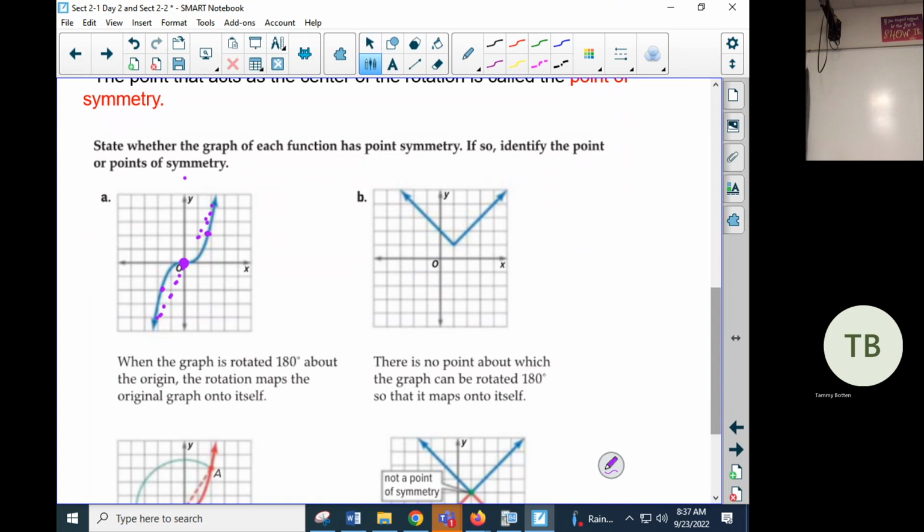This one is, you want to think, if you took this and you turned it upside down, would it map onto itself? You get if you took this and you turned it upside down, this would come here and that would come there. See that?